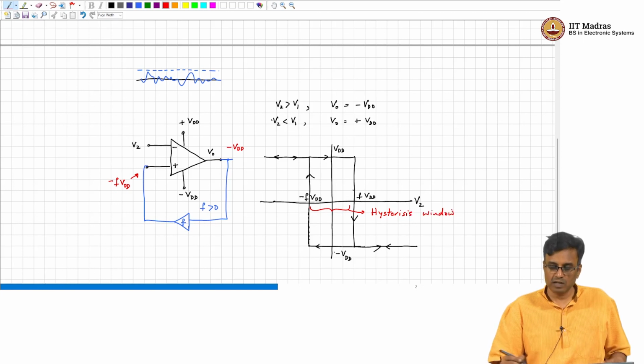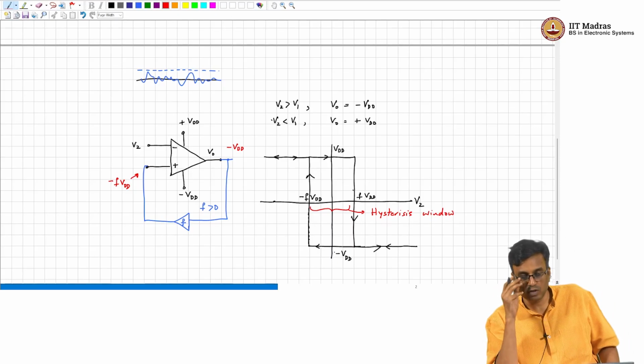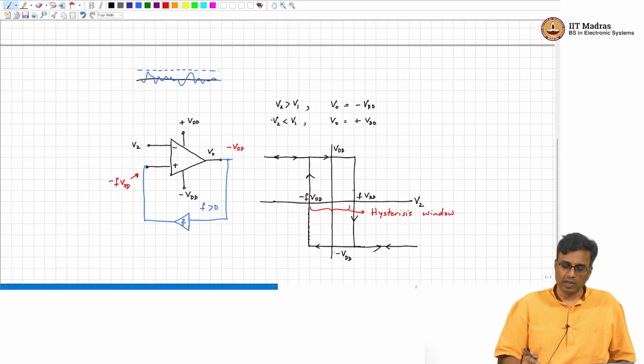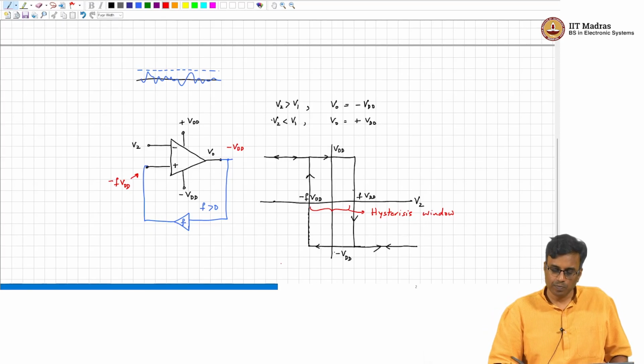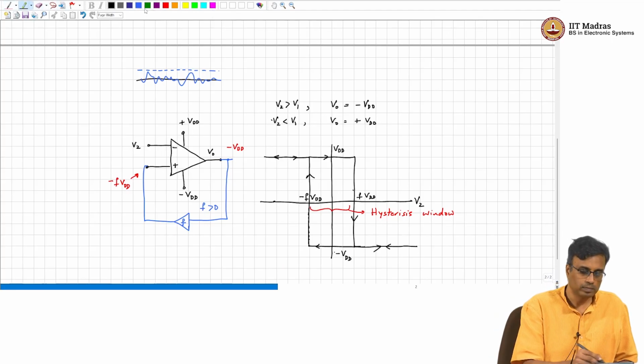And the hysteresis window is controlled by this number. Of course, it depends on VDD, but it is also controlled by that parameter F, how much you are feeding back, right? Okay. So, the input, let us say V2 was slightly less than 0.